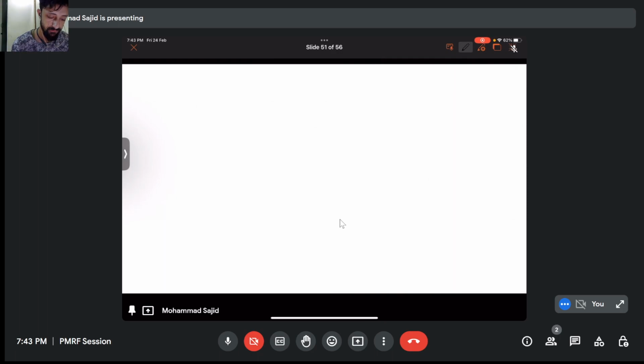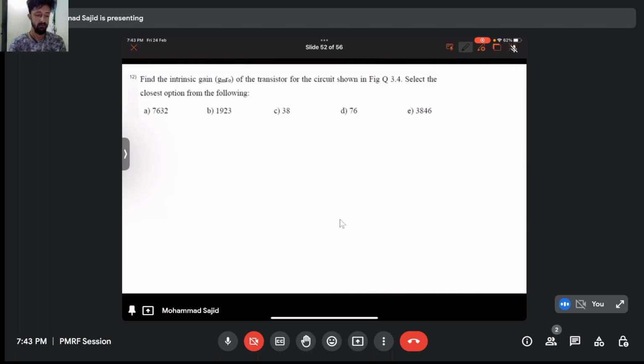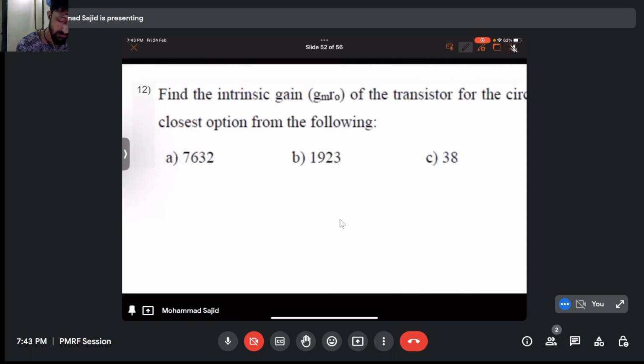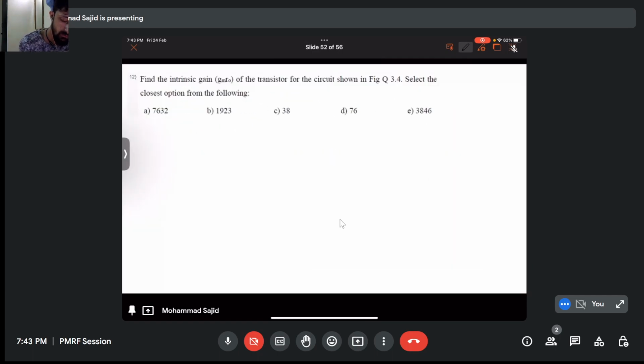Now moving on. Last question. Find the intrinsic gain GM R naught. For that you have to find GM and you have to find R naught.